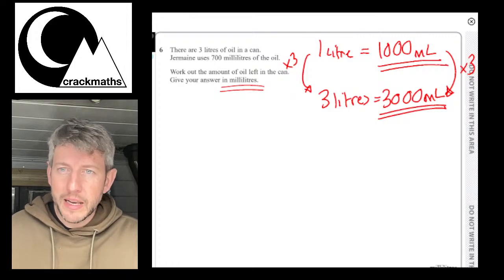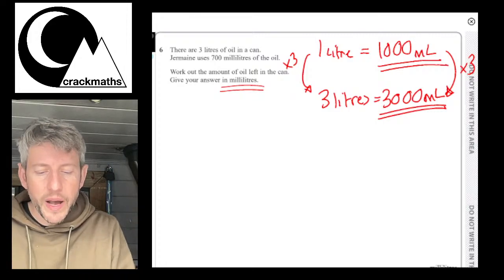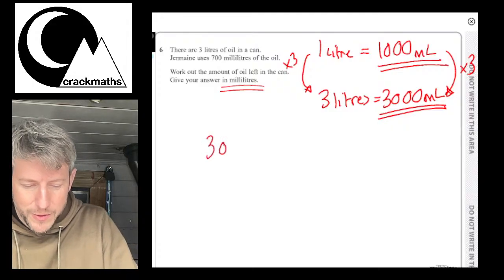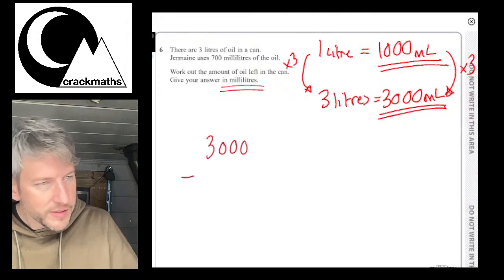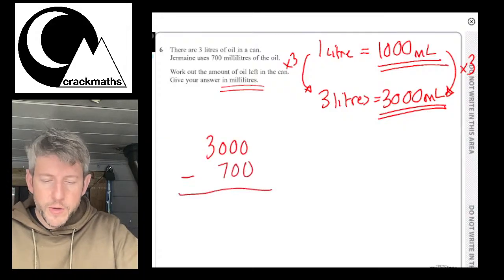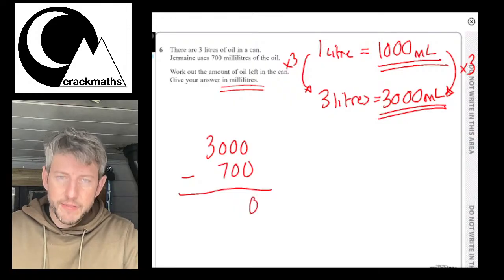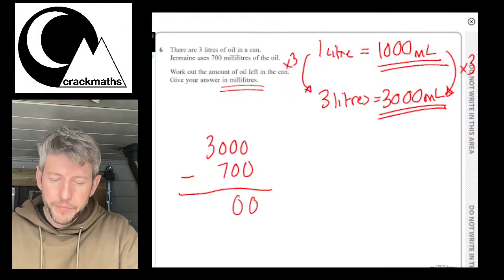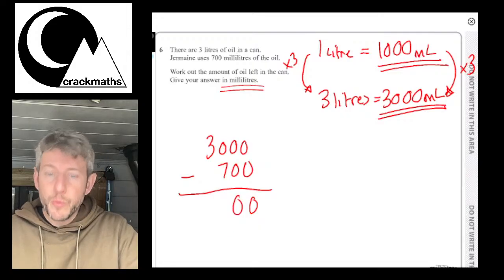So we now know how much oil we have in the can. We've got 3,000 millilitres. So then we can take away the 700. So I've got 3,000 here. Take away 700. So 0 take away 0 is 0. 0 take away 0 is 0. 0 take away 7 we can't do.